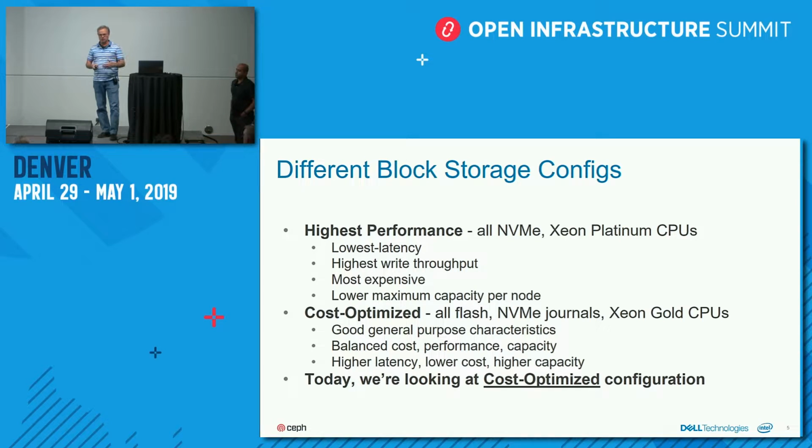The next one is, well, not everyone wants to pay that price. Some people may have more modest requirements. They may require more storage capacity. So this next one is what we refer to as our cost optimized block storage configuration. That's the one that we're going to be talking about today. But we are working on a higher performance all-NVMe ready architecture as well.